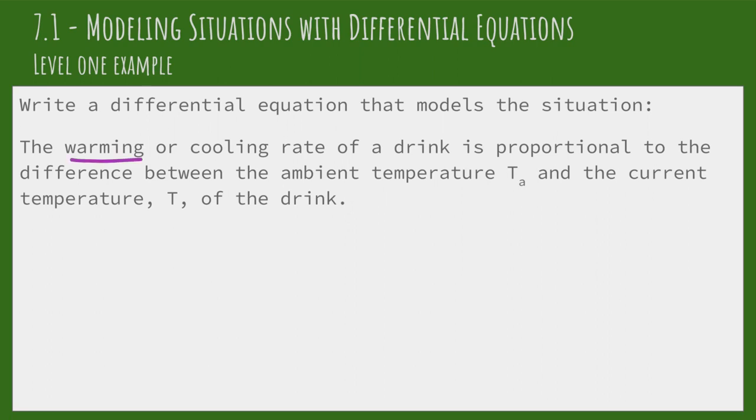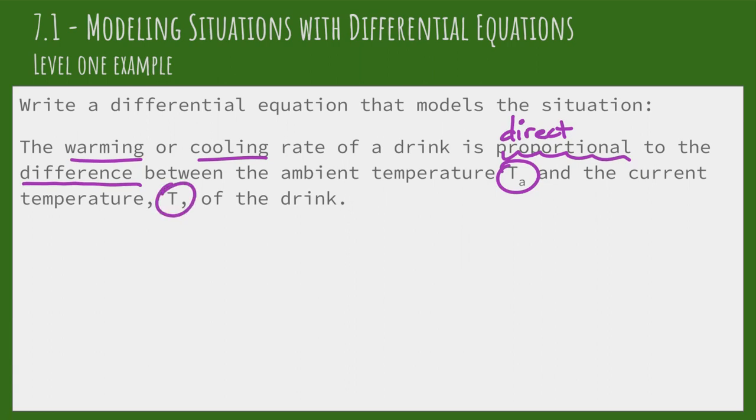So the warming or cooling rate of a drink is proportional to, and when it doesn't say direct or inverse proportion, it means direct. So that's something to keep in mind, that if it just says proportional, that is a direct proportion. So it's proportional to the difference between two things. So the ambient temperature in the room, so that's just room temperature, and the temperature of the drink.